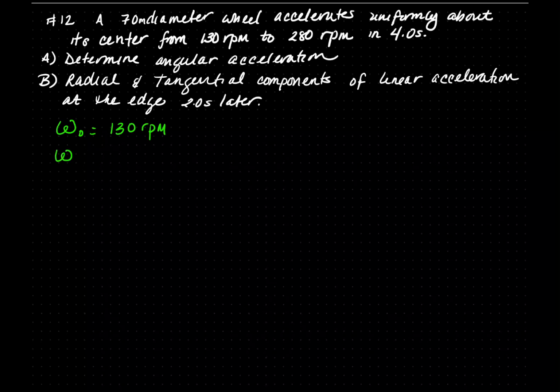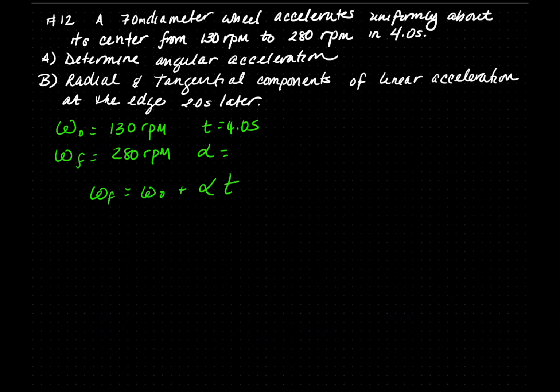It went from 130 to 280, so that's omega, or angular velocity final. And my time is 4 seconds, and I am looking for angular acceleration. The only rotational kinematics equation with this is omega final equals omega initial plus alpha time.